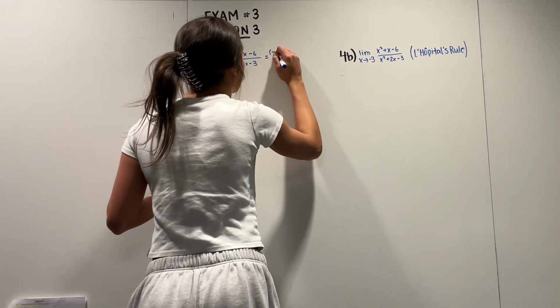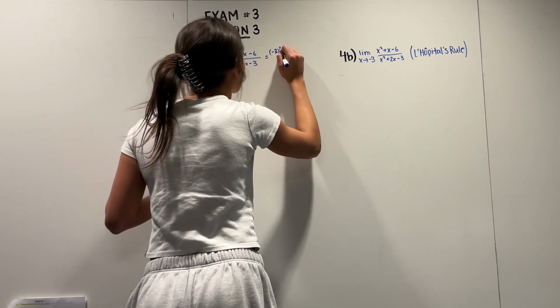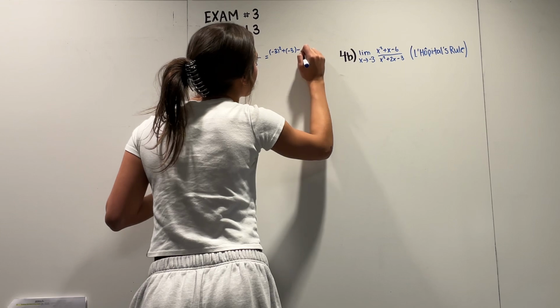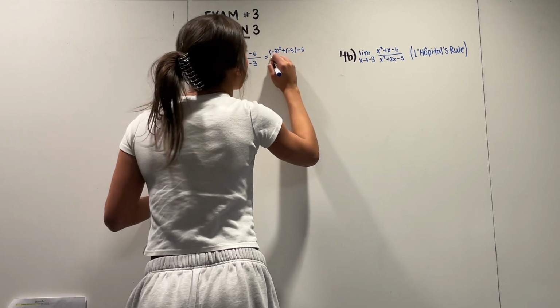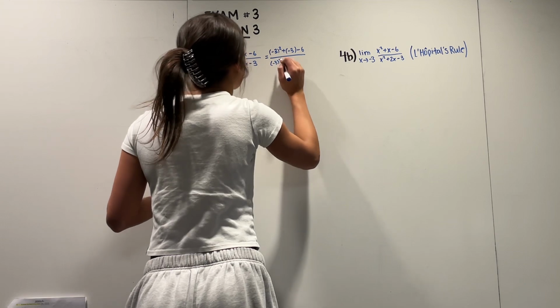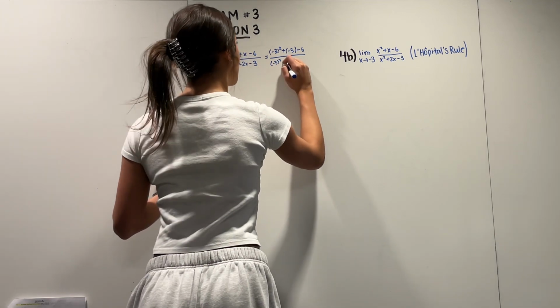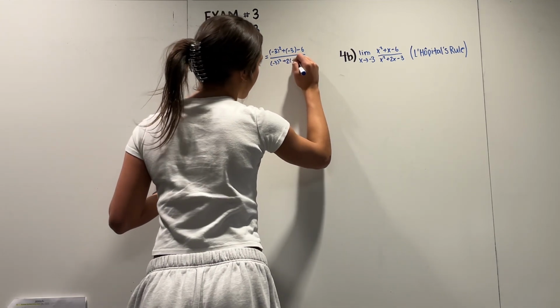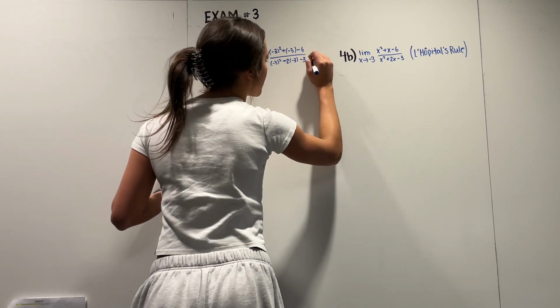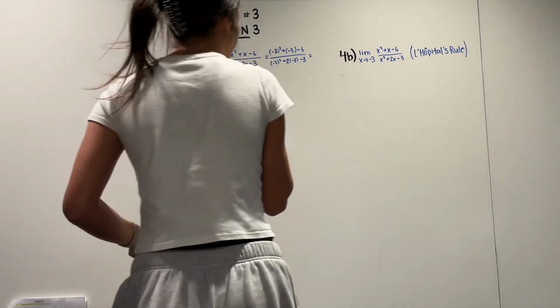So -3 squared plus -3 minus 6, and then that's going to be over -3 squared plus 2 times -3, and then it's going to be -3.